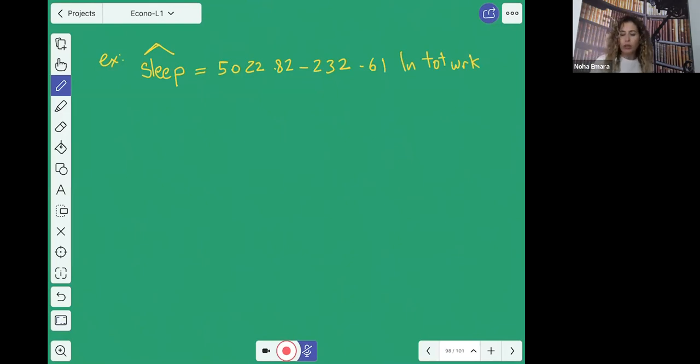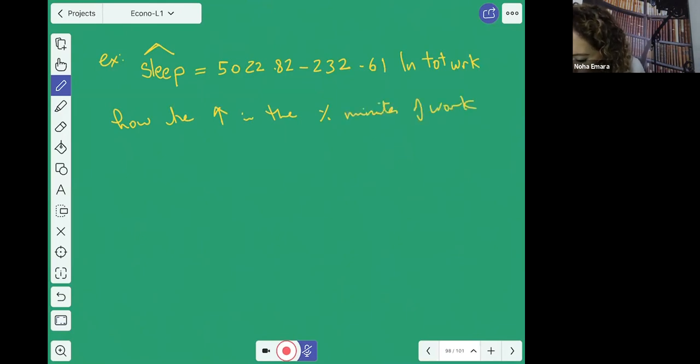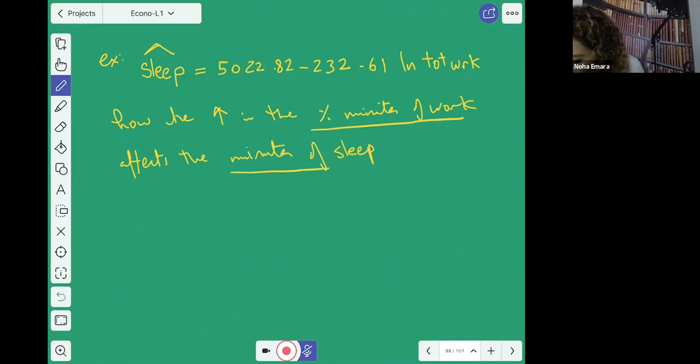Here we are trying to estimate how the increase in the percentage minutes of work affects the minutes of sleep. So x is in percent, and y is linear, just in minutes.